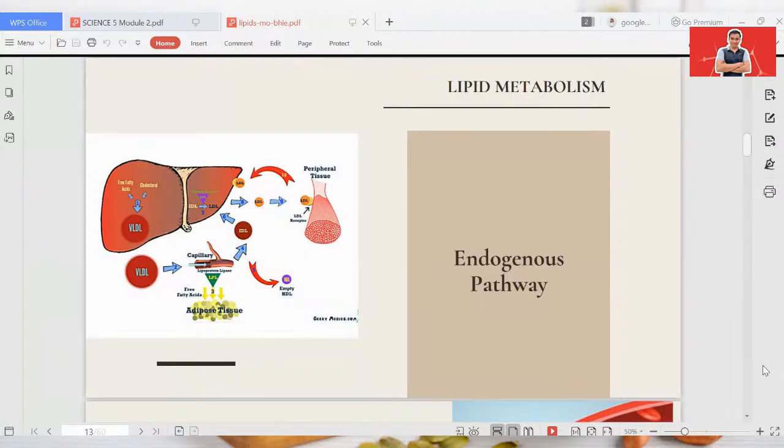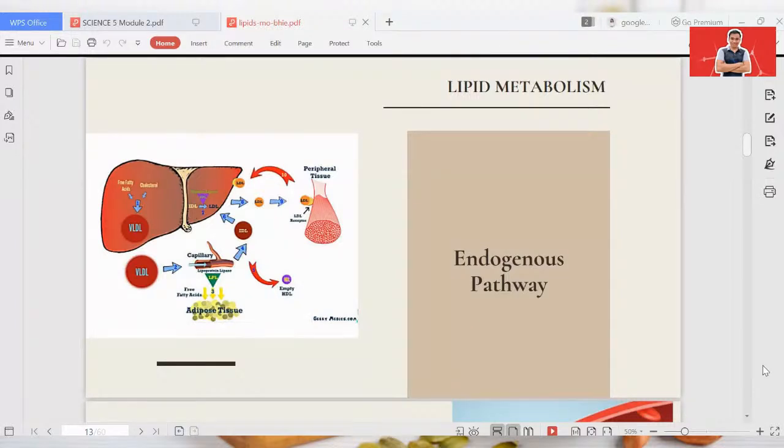Next is ang endogenous pathway. Kaya pala exogenous ang tawag doon sa isa kanina because yung fat is galing sa outside our body. While dito sa endogenous pathway, ang lipid process is galing lang sa ating body, inside our body.